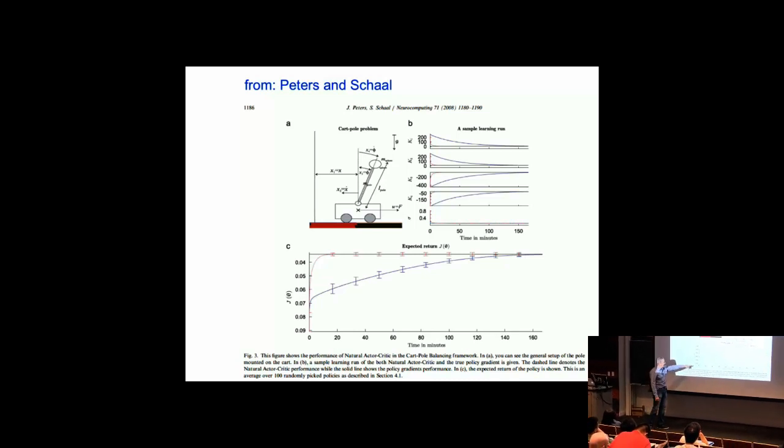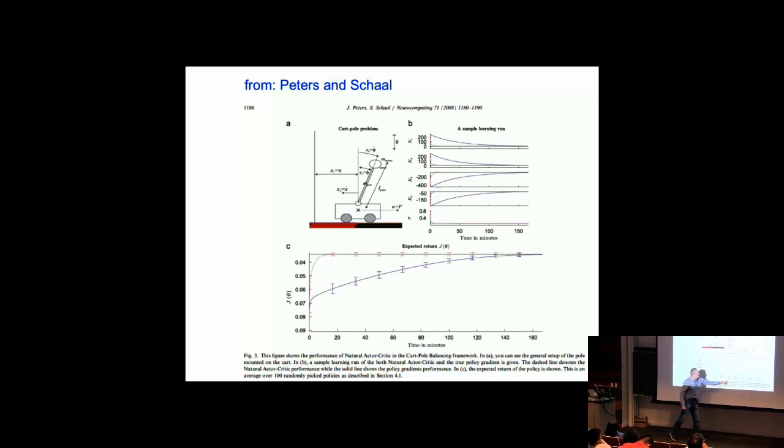And you can see here the time in training minutes, and the vertical axis here is actually the sum of discounted future rewards, or the average reward. It's the policy objective. And so you can see that the red curve, which is using the natural gradient, is converging much more quickly to a good policy than the one using the vanilla standard gradient. Okay, so you do see that this can make actually a big difference.